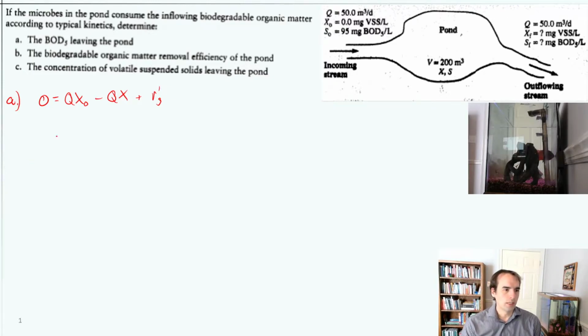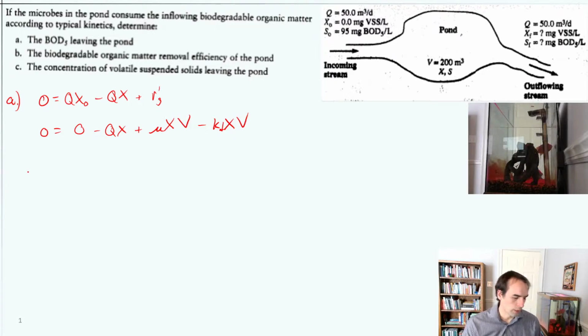So 0 equals, well, this X naught is 0, so that's going to be 0 minus Qx plus, this R prime of G is going to be growth minus decay, right? So our growth equation is essentially mu times X in that volume, and then we'll have a minus the death, which is going to be minus K d x in that volume. So that's going to be our overall term there.